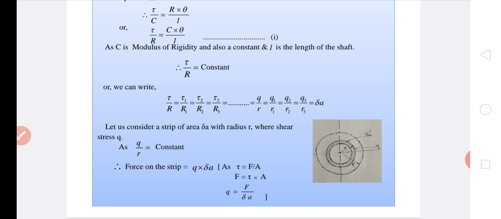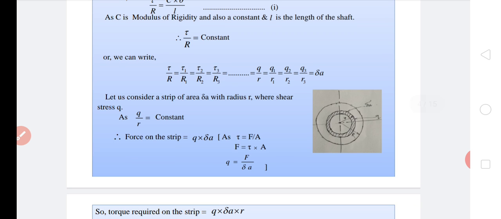So q1 upon r1 equals q2 upon r2 equals q3 upon r3 equals q upon r, for the strip del A. So we can write tau upon R equals q upon r equals q1 upon r1 equals q2 upon r2.